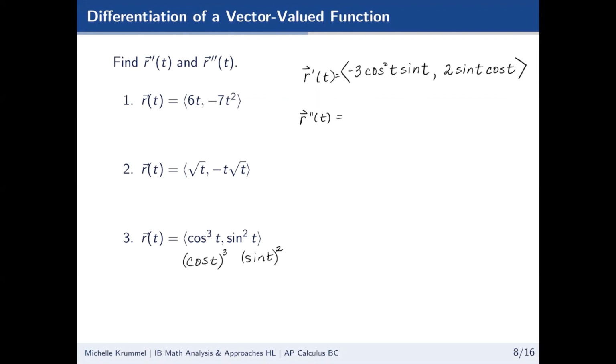To take the derivative of negative 3 cosine squared t sine t, we need to use the product rule and the chain rule in order to take the derivative of the cosine squared t part. Okay, so product rule. When I'm doing product rule here, I'm thinking of grouping it like so. All of this is my first factor, and then sine t is my second factor.